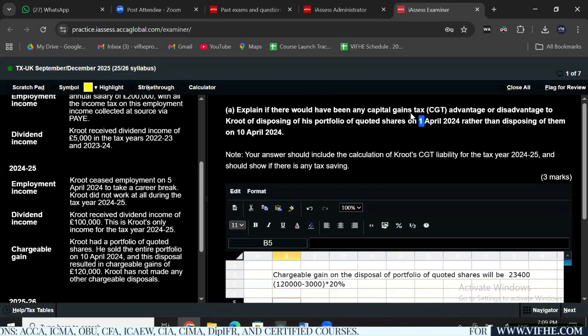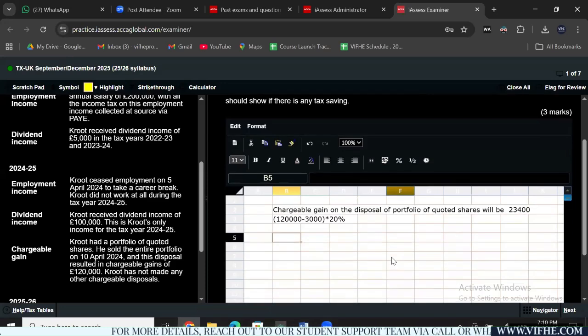There is just a gap of 10 days, which is not significant, which is why the amount for which the shares could be sold would remain the same. And that would suggest that the chargeable gain figure will remain the same, whenever this disposal takes place.